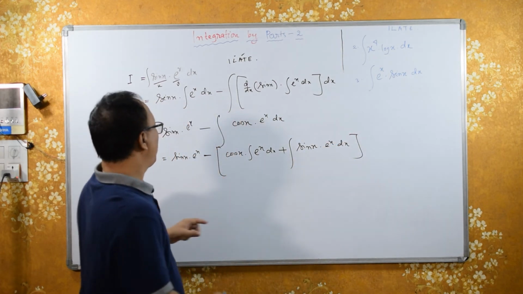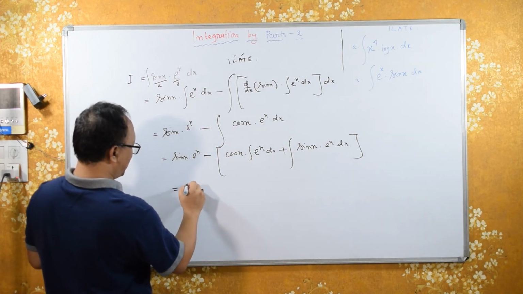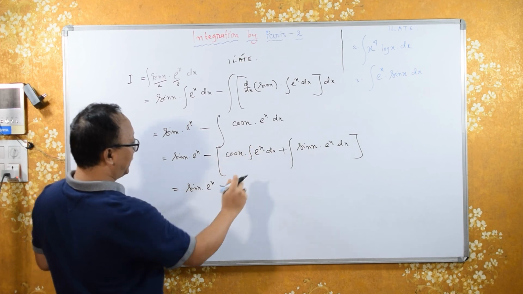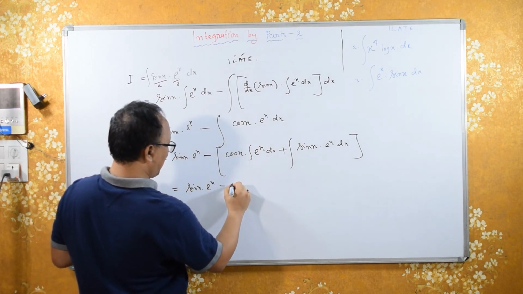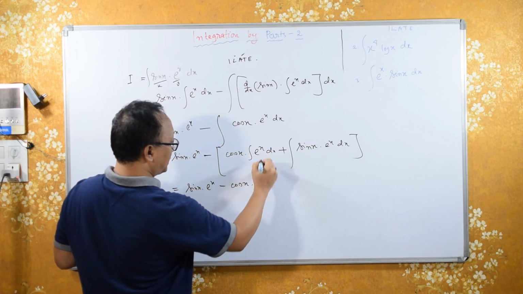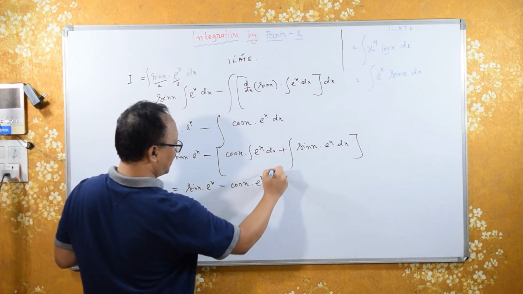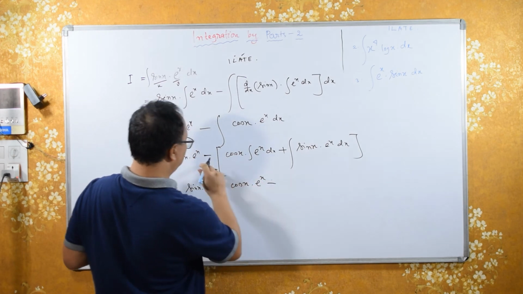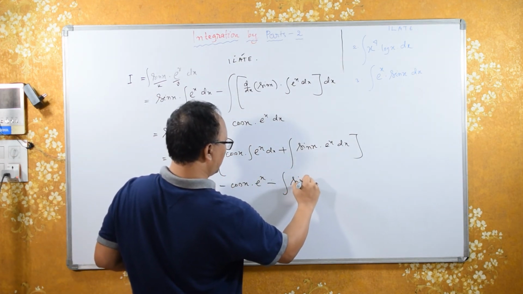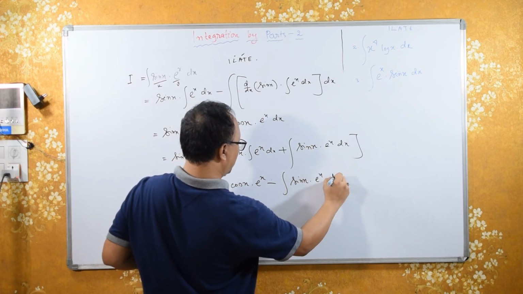Okay, the same as sine of x into e raised to x minus, I am sending the minus inside, it becomes cos x e raised to x, integration is e raised to x dx, plus minus integral of sine of x e raised to x dx.